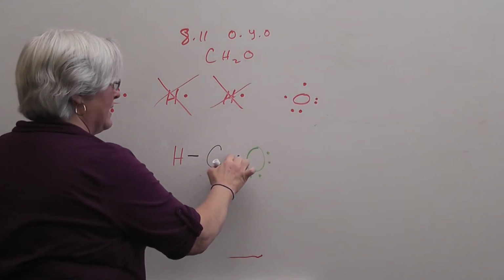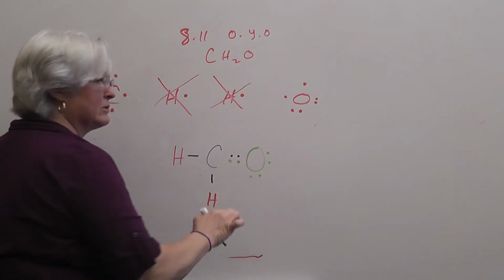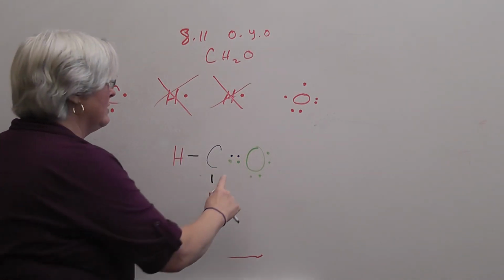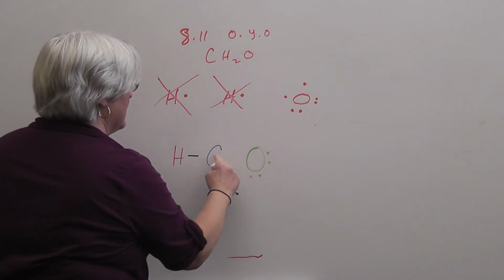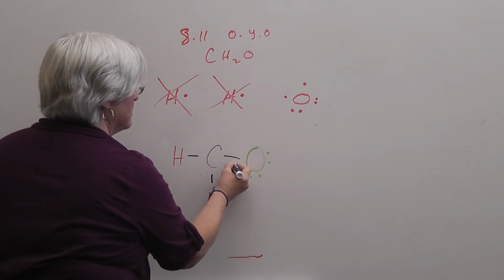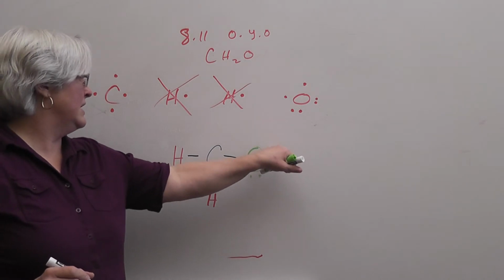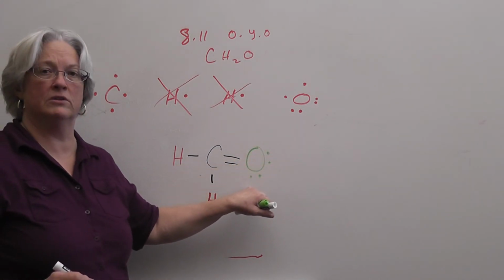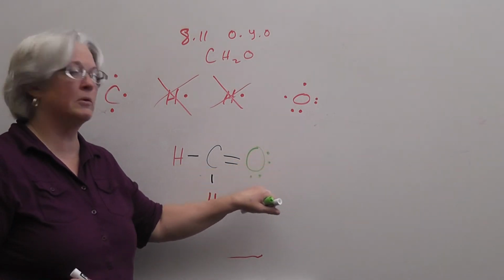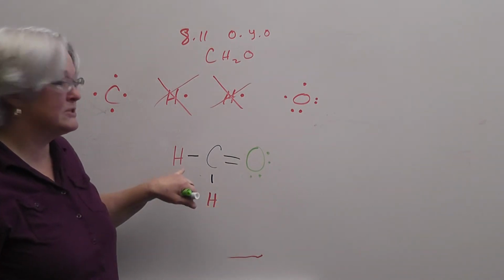Now, how many pairs do we have of shared electrons? Yeah, we've got 2 pairs here. So we have 2 lines, which is a double bond. And then we have 1 pair here, 1 pair here. Let's see if we're correct.